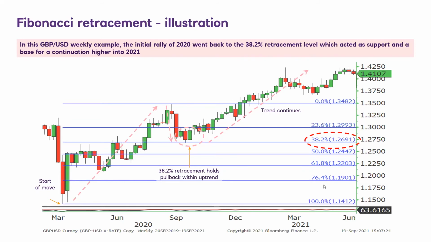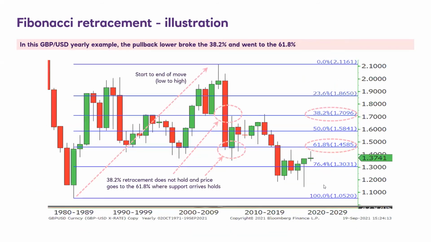If we move to the next slide, here is another example. This is sterling dollar yearly. Each candle represents one year. If we take the start of the move from 1980 up to the top of the move at 211.61, you'll see when it comes off that 211.61, the market crashes down with the financial crisis, but it goes through the 38.2% and finds support at the 61.8%.